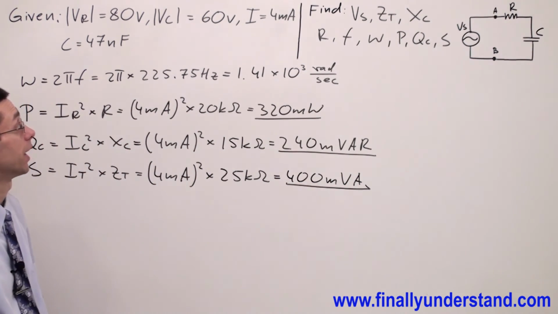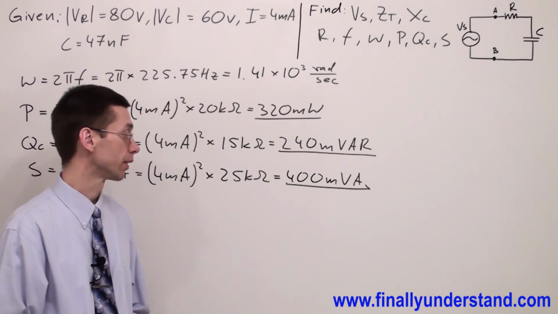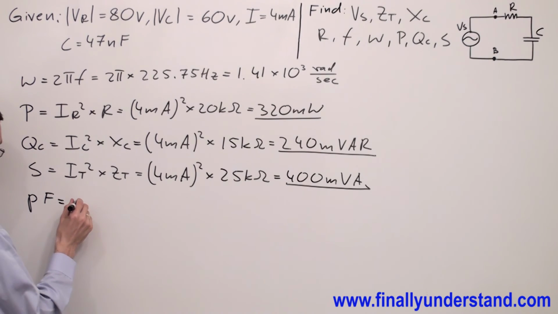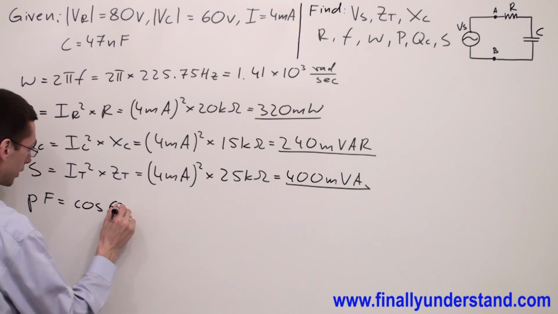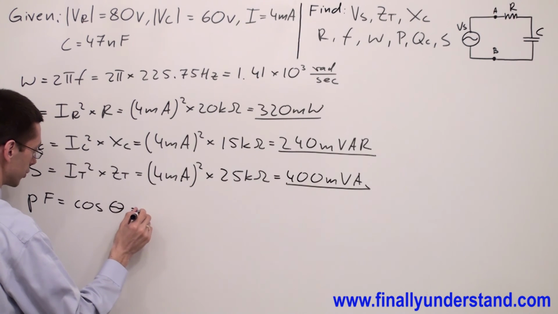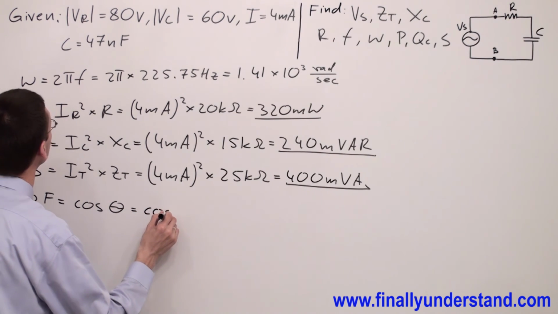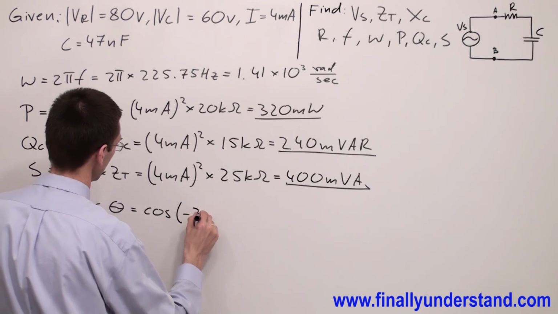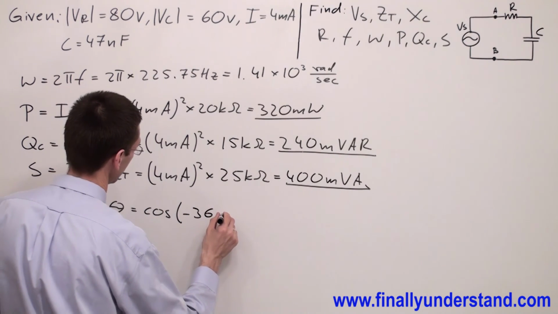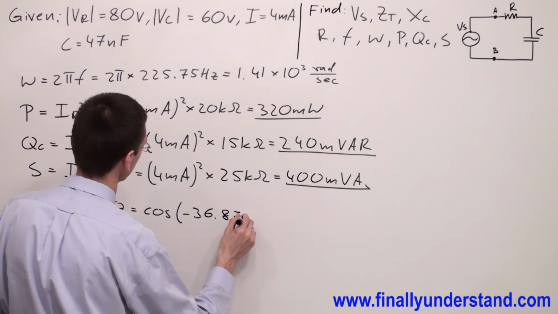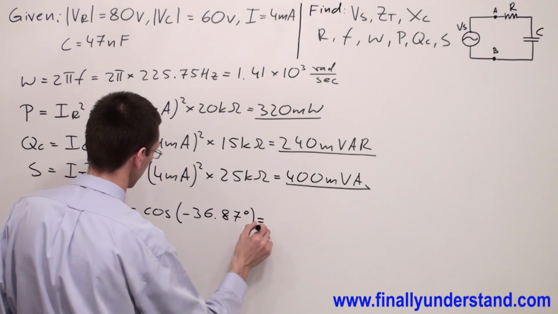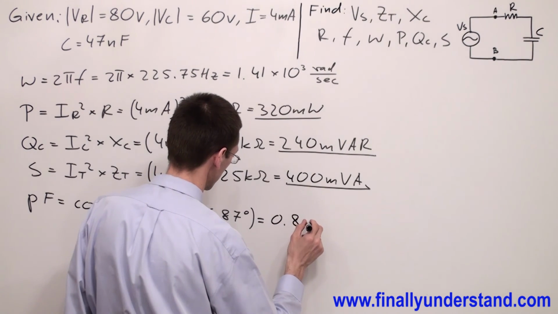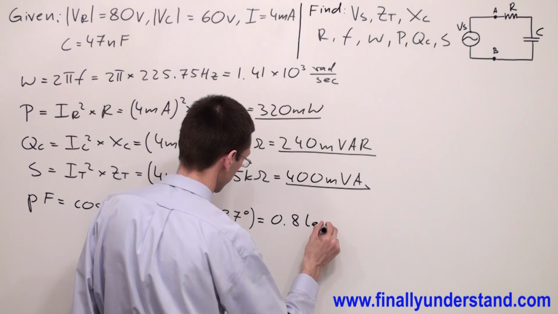Next, we're supposed to find the power factor. Power factor is equal to cosine of angle theta. This is equal to cosine of angle negative 36.87 degrees. This is equal to 0.8, and we're supposed to write the word lead.